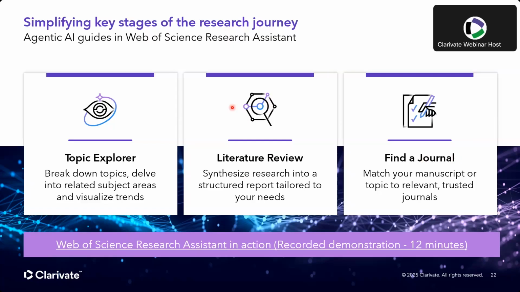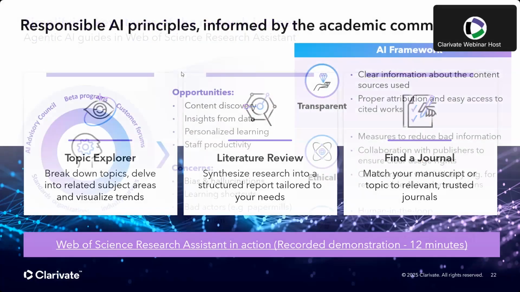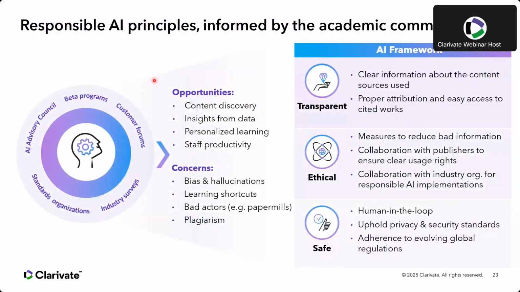The reason I'm highlighting this point is because we're going to hear more and more about responsible AI. And for example, when we talk about responsible AI, you have some principles, and we use those principles that are informed by the academic community.